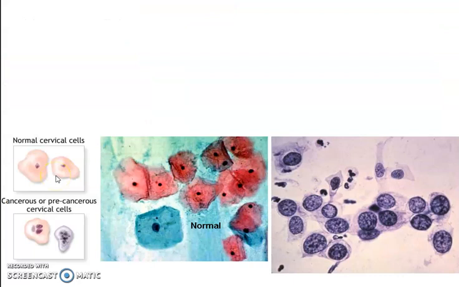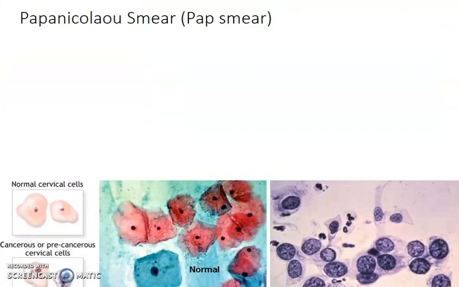So let's talk about pap smears now. Remember I said stratified squamous is in places where there's friction and it wears off and they're constantly being replaced? Well, the more times a cell divides, the more likely a mutation occurs and you get cancer. So a Papanicolaou smear, or pap smear, is looking at the epithelial tissue in the female reproductive tract and looking for abnormalities.